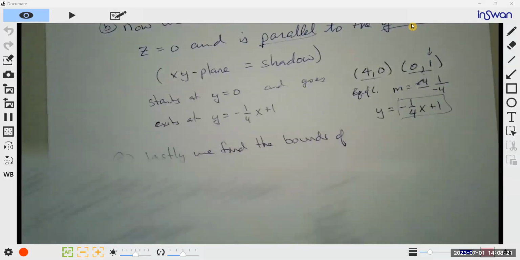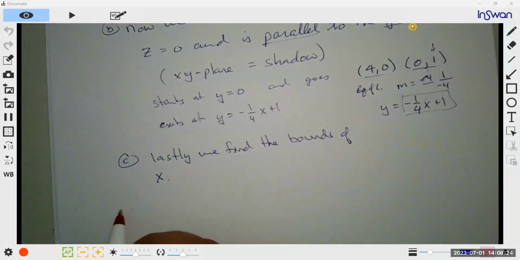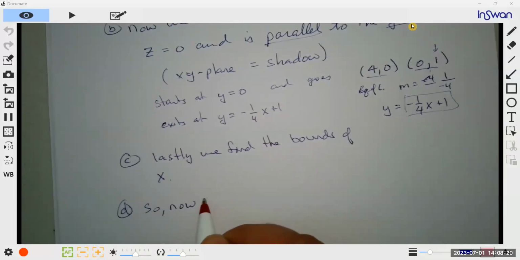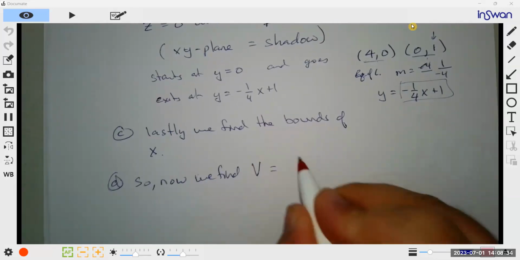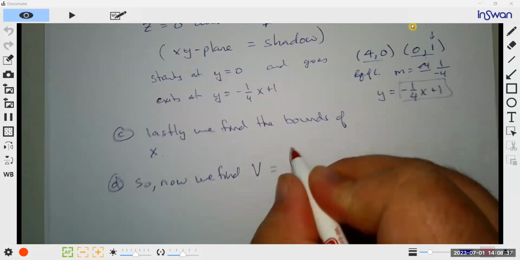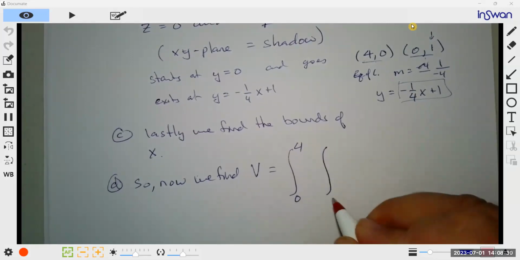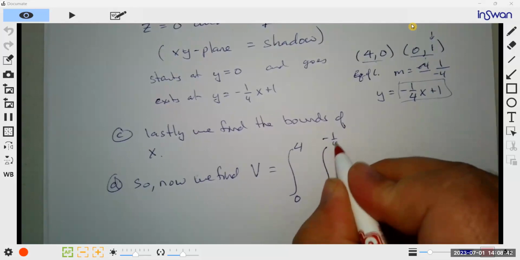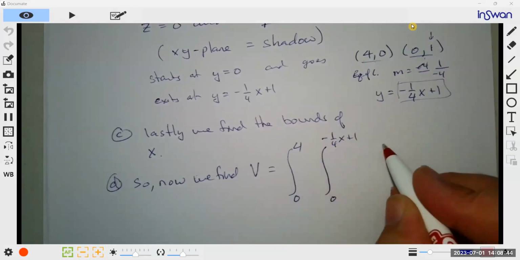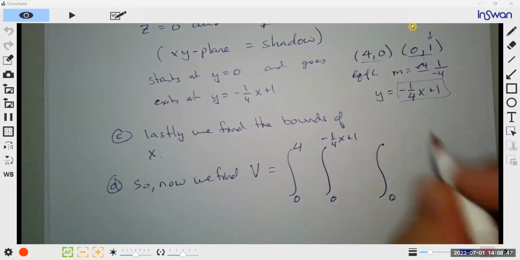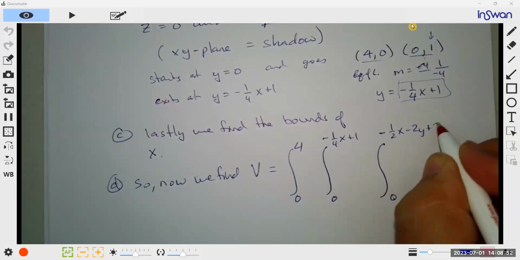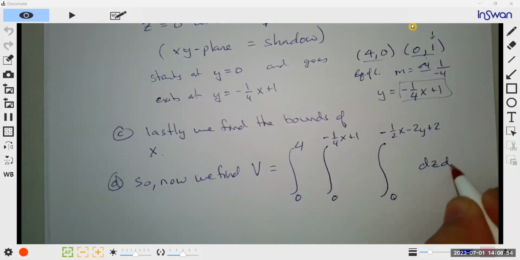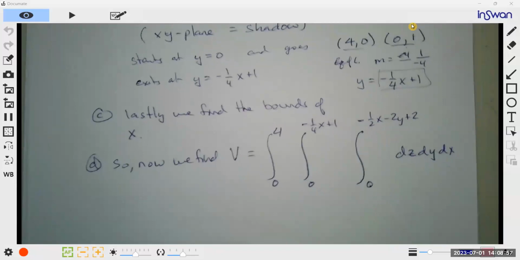So now we have the integral from 0 to 4, from 0 to -1/4 x plus 1, from 0 to -1/2 x minus 2y plus 2, dz dy dx.